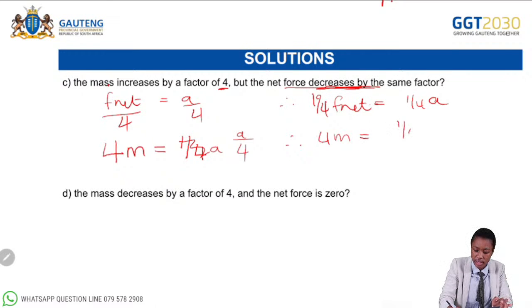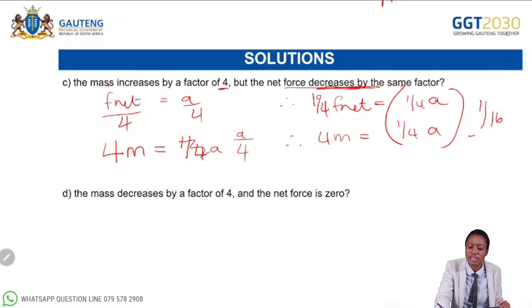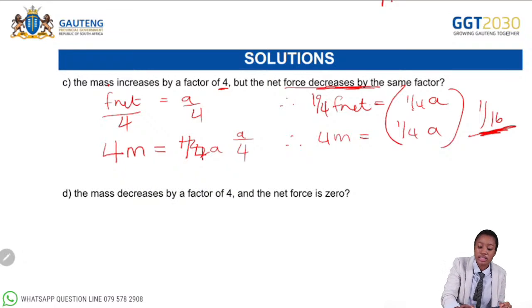What do I now have? I have acceleration that decreased by a factor of 4, and it again decreased by another factor of 4. So it's like 4 times 4, and 4 times 4 we know is therefore 16. So this would be 1 over 16. So in this instance, acceleration therefore decreased by a factor of 16.